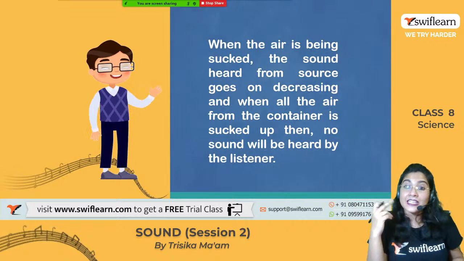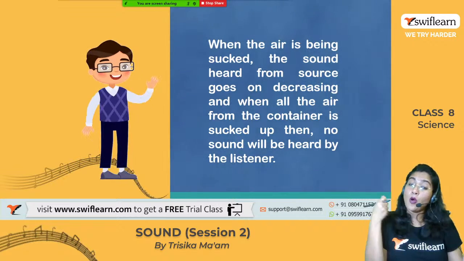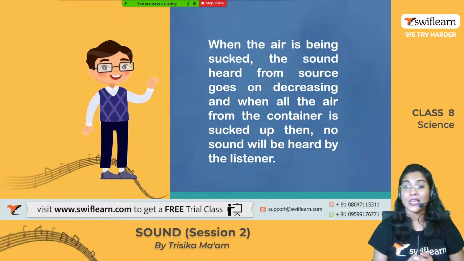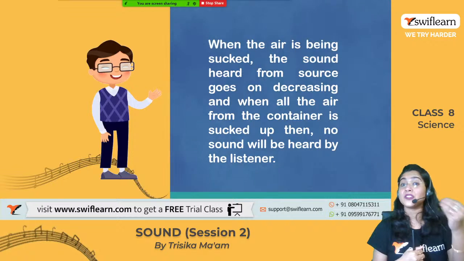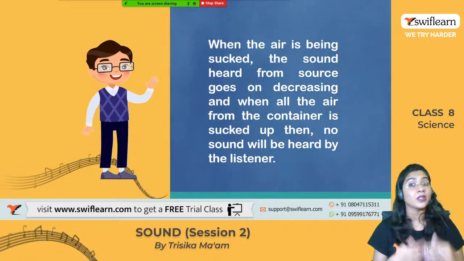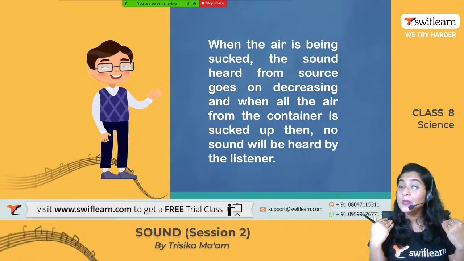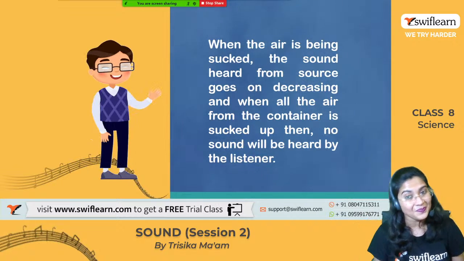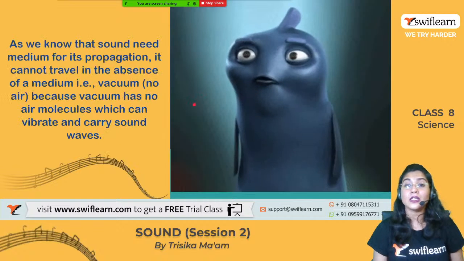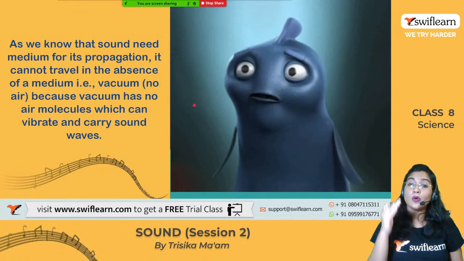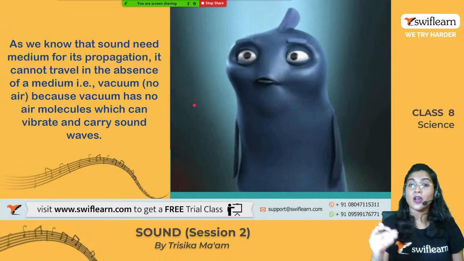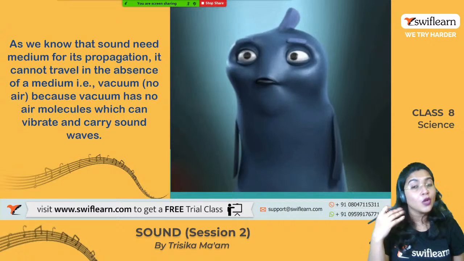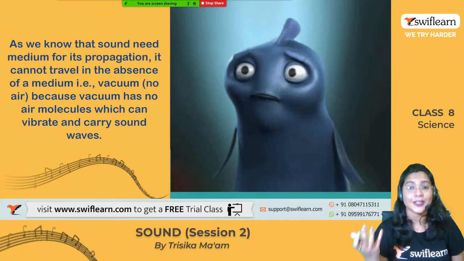And now if you suck up the whole air from the container, you will not be able to hear any sound from it. Even if there is a source of sound within the container, where there is no air, we will not be able to hear the sound. So from here we can conclude that sound waves always travel through a medium. If there is no medium, there will be no sound produced at all.